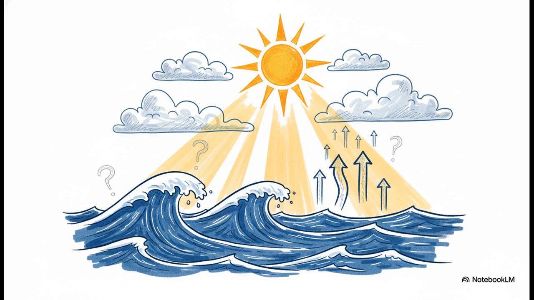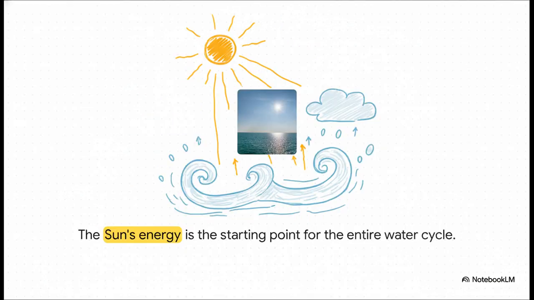It's the sun. The sun's energy is what kicks the whole thing off by turning liquid water into vapor. And this right here, this is the crucial partnership. The sun provides the energy, and the ocean provides most of the water. This simple interaction is the absolute starting point for everything else. Without the sun's heat, that water would just sit there.